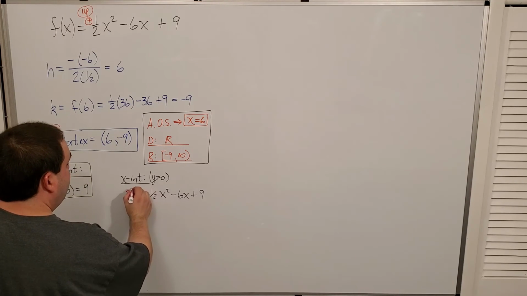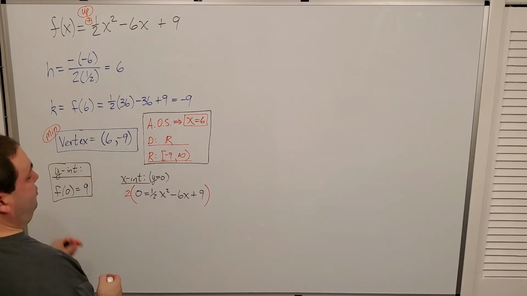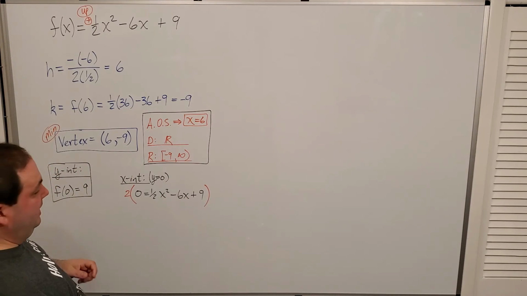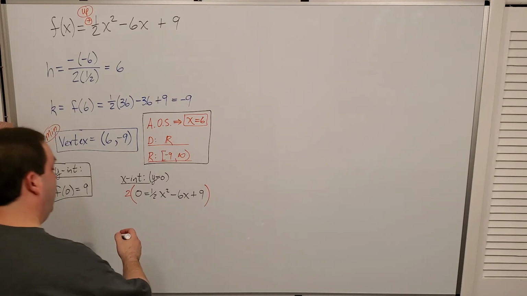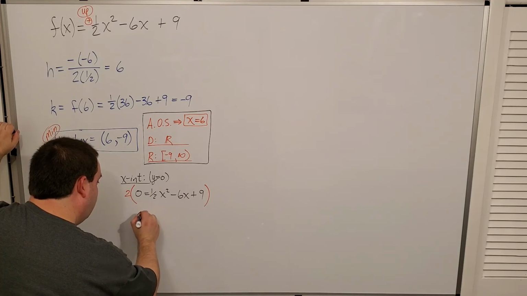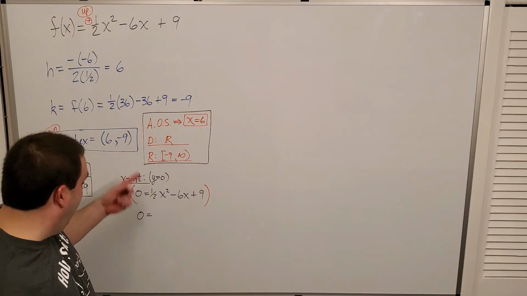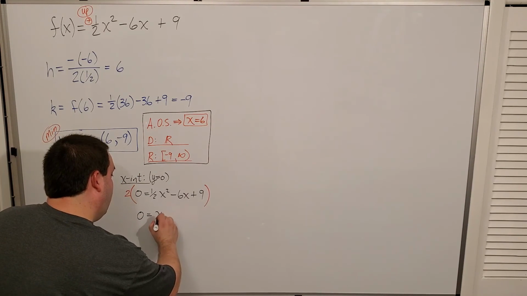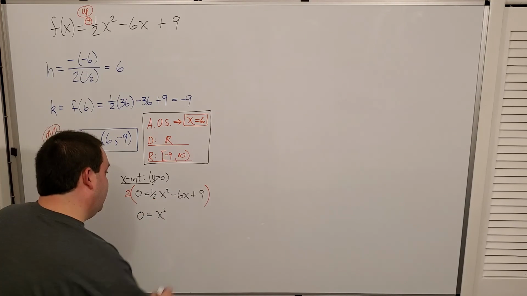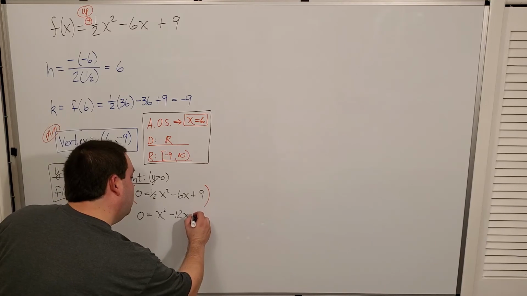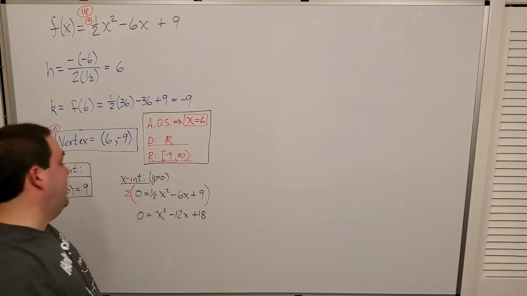So I'm going to do times 2 to the whole equation. And yeah, I know the parentheses around the whole thing is a little bit lazy on my part. Mathematicians are lazy. We're always finding shortcuts. So 2 times 1/2, of course, is 1. That gets rid of the fraction. 2 times negative 6 is negative 12. And 2 times 9 is 18.